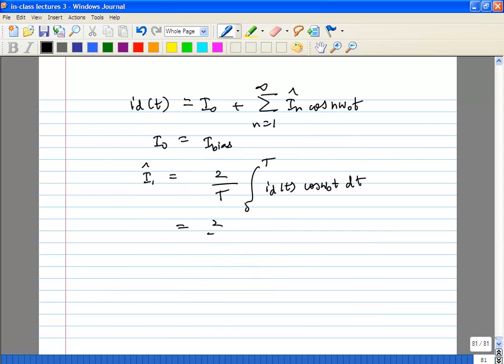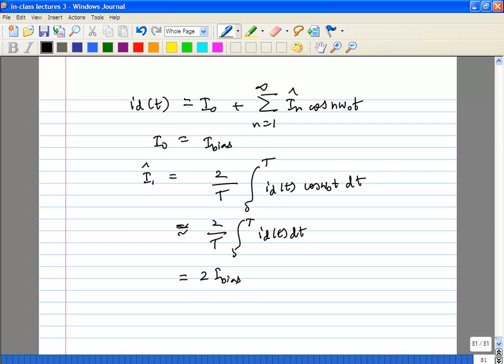So this is approximately 2 by T integral of ID of t dt. What is this? I bias is nothing but 1 over T integral 0 to T of ID of t dt. So this is nothing but twice the bias current. Is that clear to everyone?